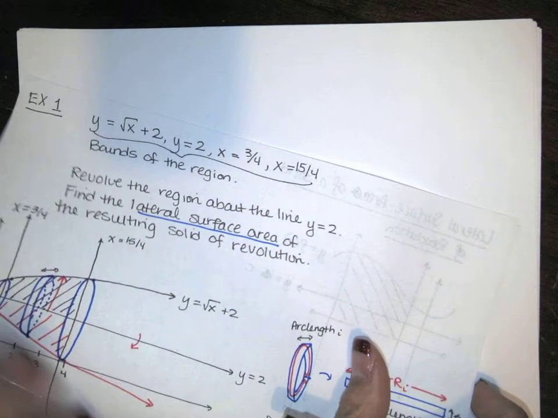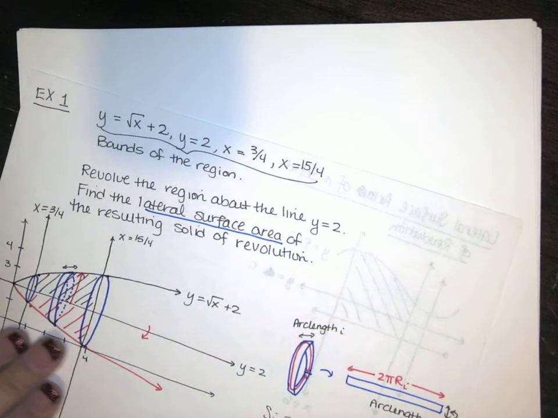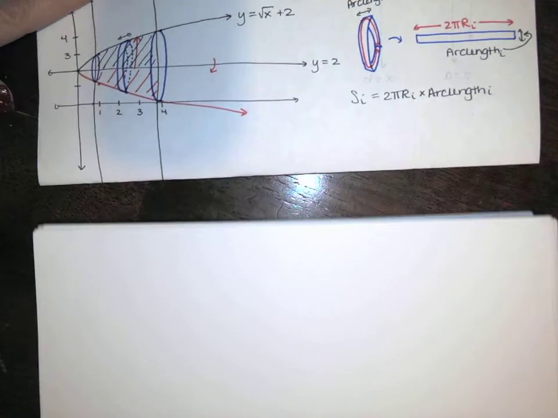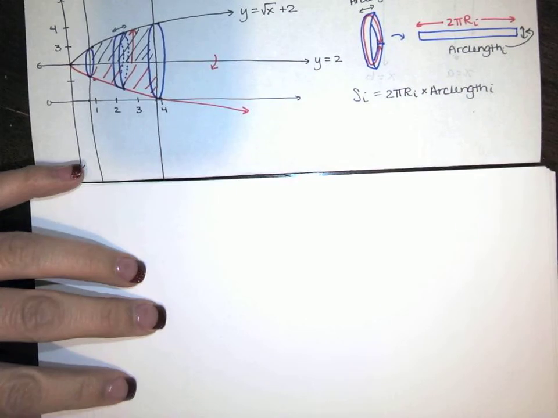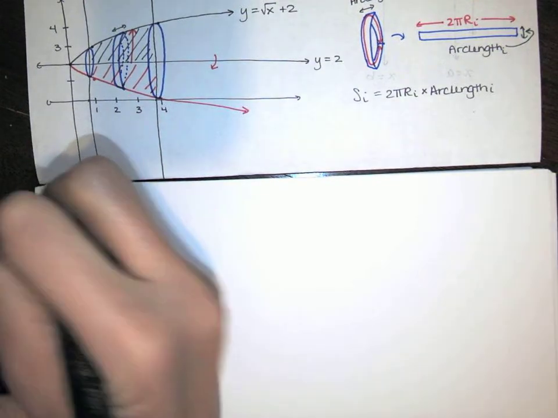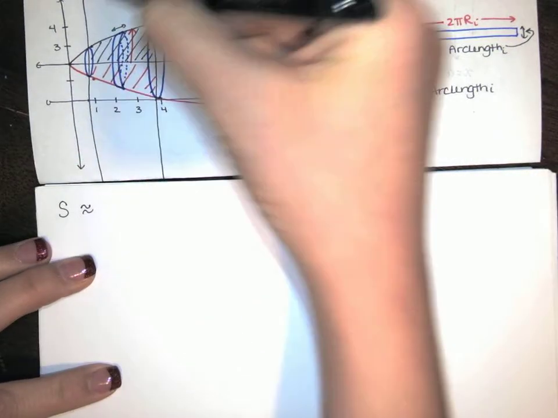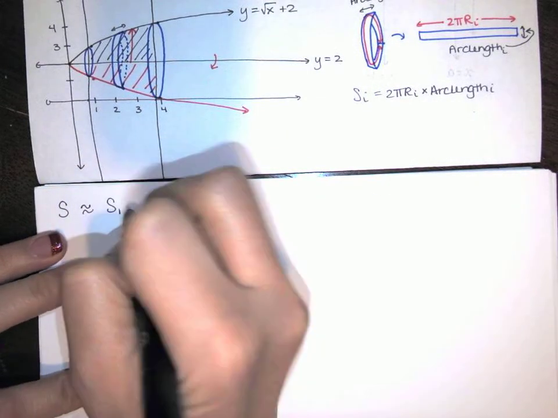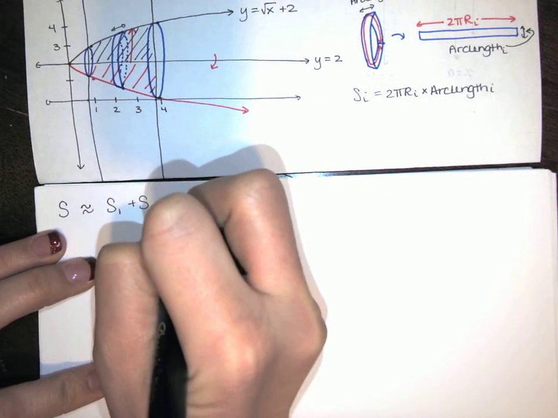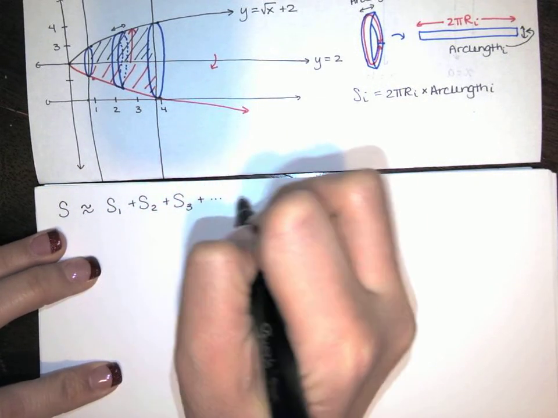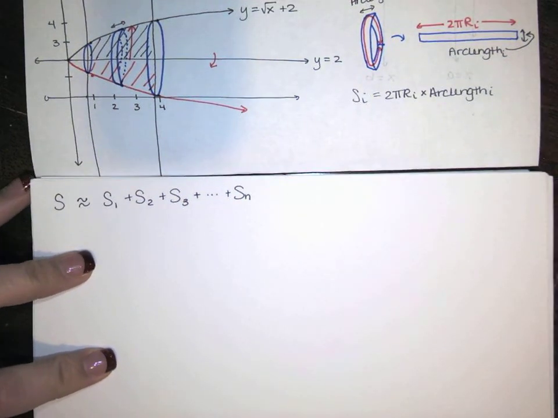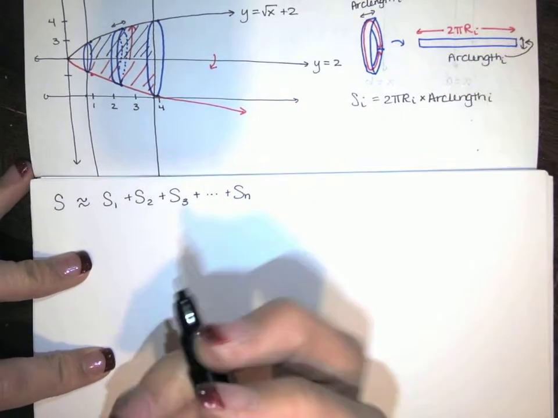I'm just going to bring my picture back so we can still see what's going on. The surface area, the lateral surface area, that's around the outside, not on the end caps, is the surface area of the first piece plus the surface area of the second piece plus the surface area of the third, and we keep going until we get to the nth piece. Adding all those terms like that is a little bit annoying. Let's come up with some shorthand.